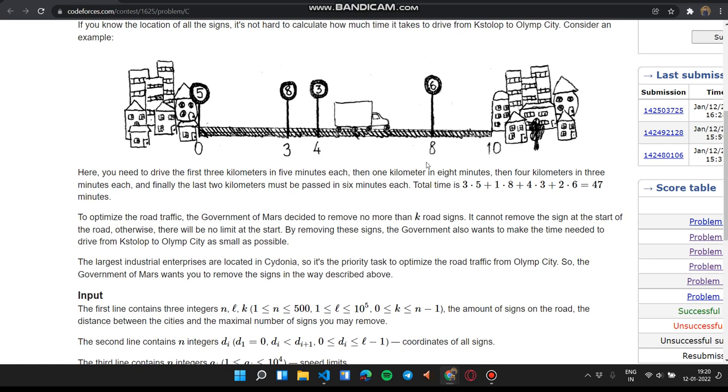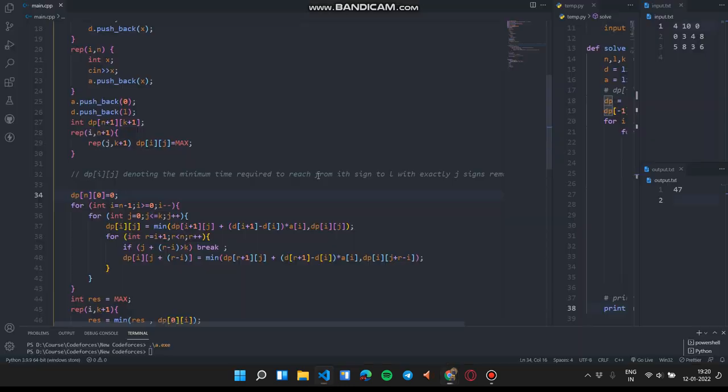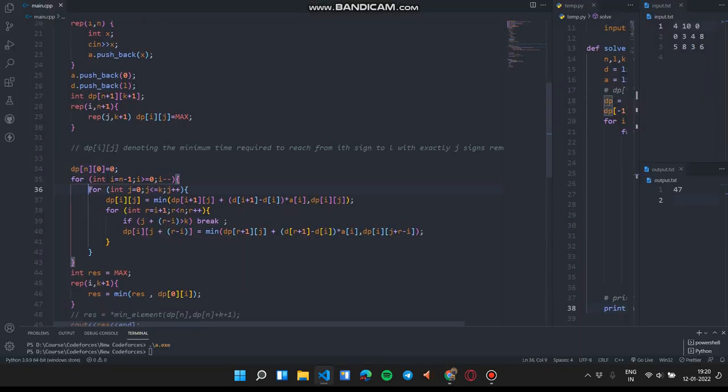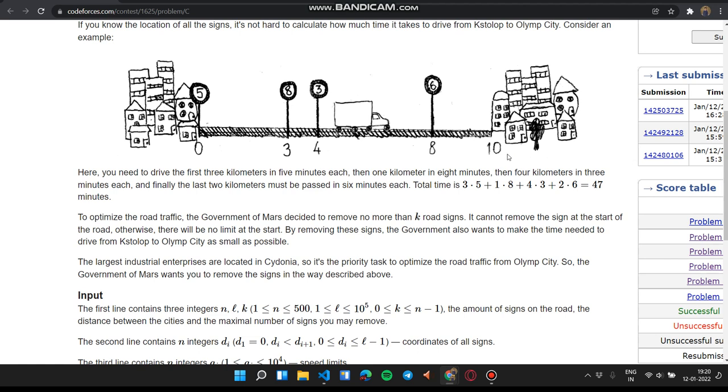and we loop on the number of signs removed, and we also loop from left to right. Suppose we are at point i, then we loop r over the next signs.